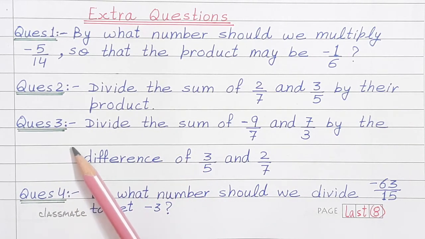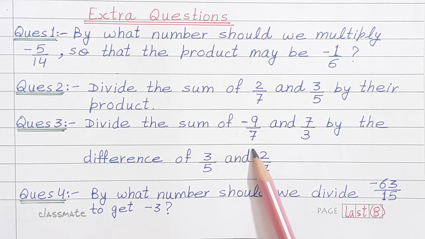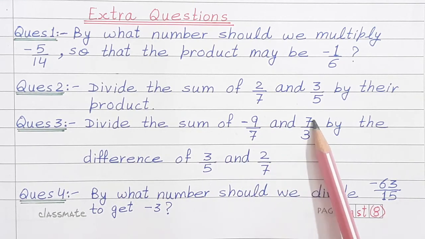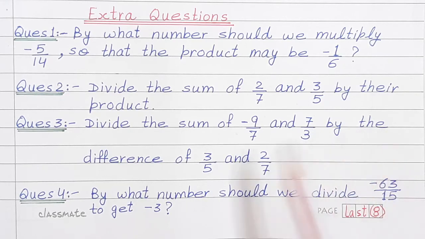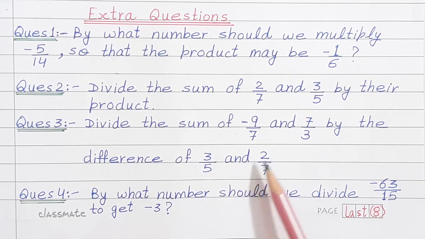Question number 3 is divide the sum of minus 9 upon 7 and 7 upon 3 by the difference of 3 upon 5 and 2 upon 7. And the last question is, by what number should we divide minus 63 upon 15 to get minus 3?